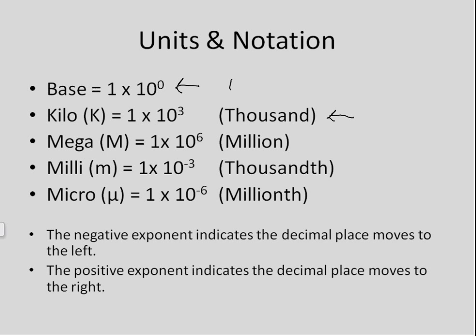So 1 through 999. At 1,000, we go into the kilo range. By using the kilo, we are able to move the decimal point to the left 3 places and start counting from 1 to 999 again.